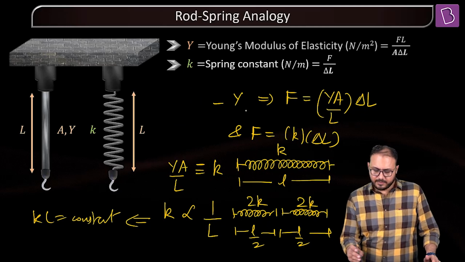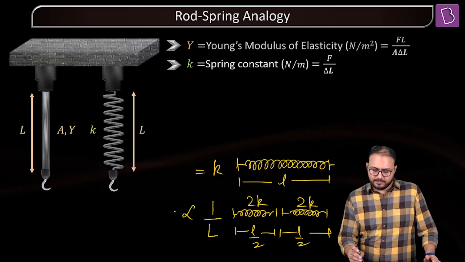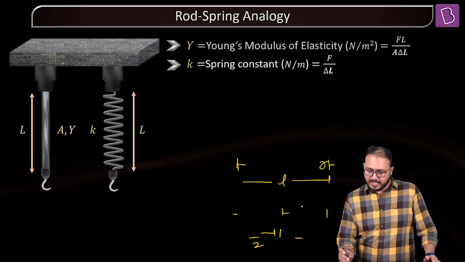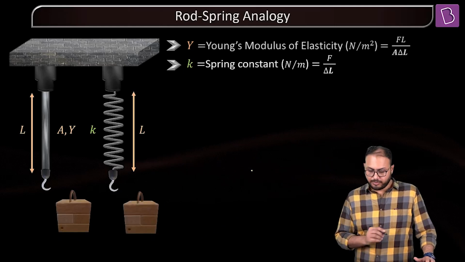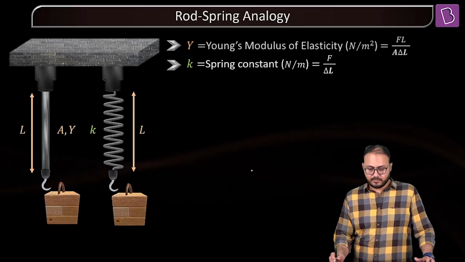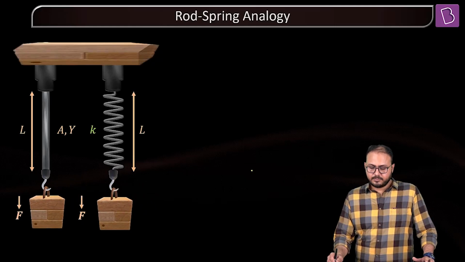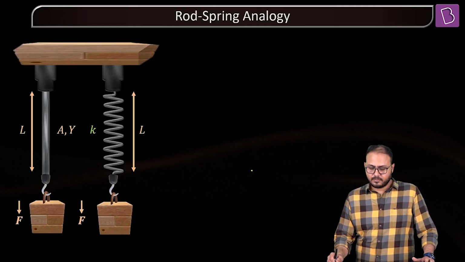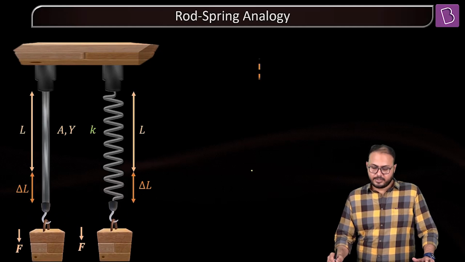Good. So, who is playing K? Sir, YA by L plays K. Are you sure about that? Yes, sir, we are sure. Good for you. Watch the animation. Here, they both experience change in length.